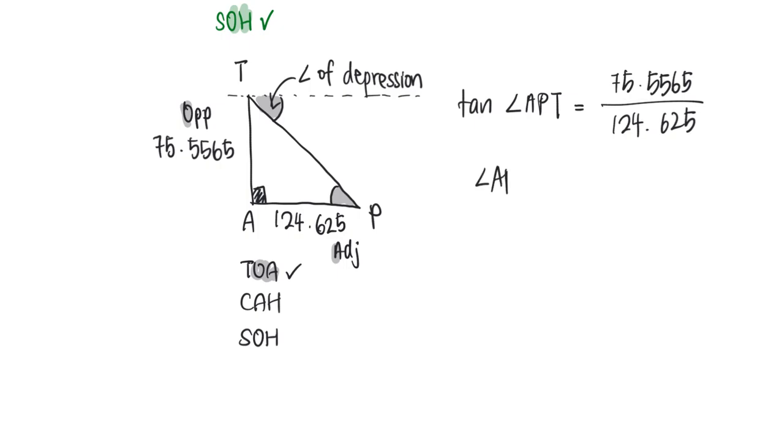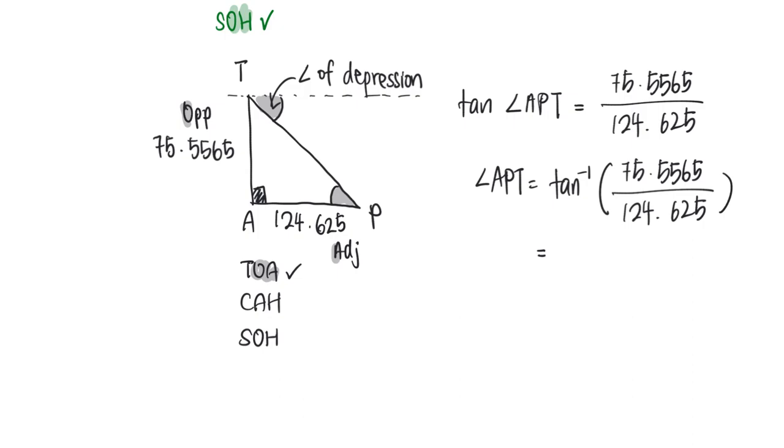So angle APT will be the tangent inverse of this fraction. And that will give me a value of 31.227, 31.2 degrees to 1 decimal place.